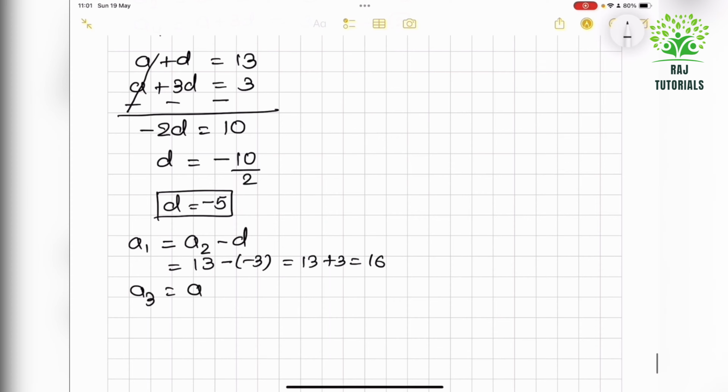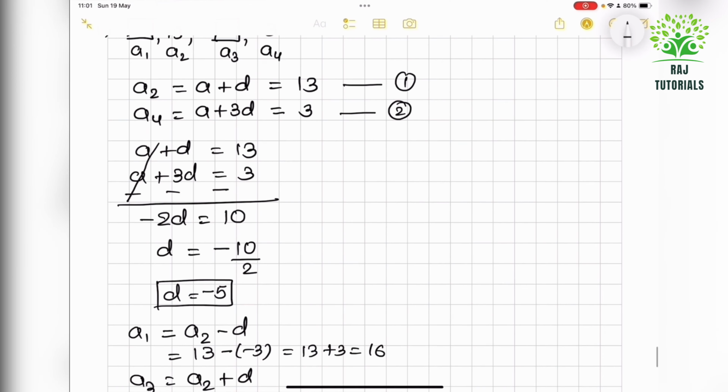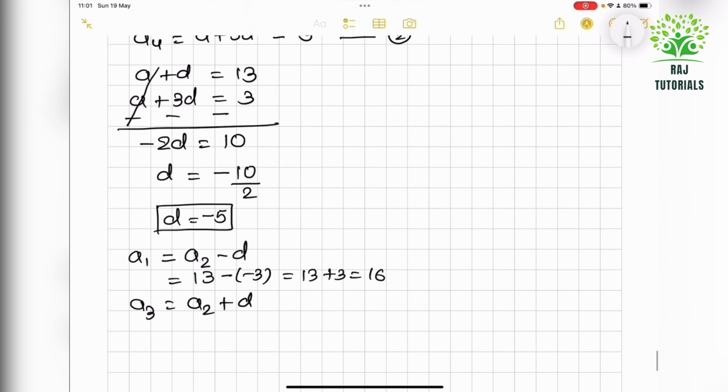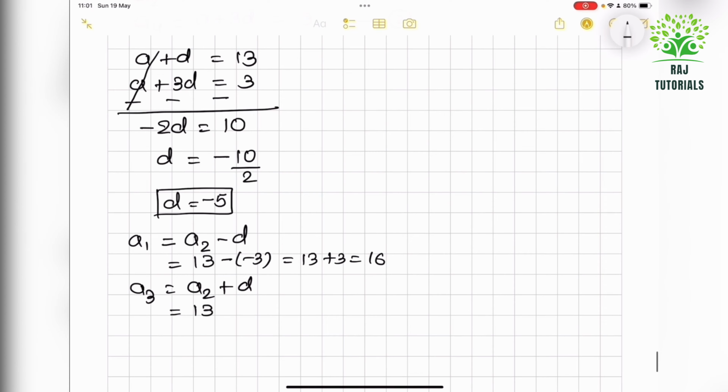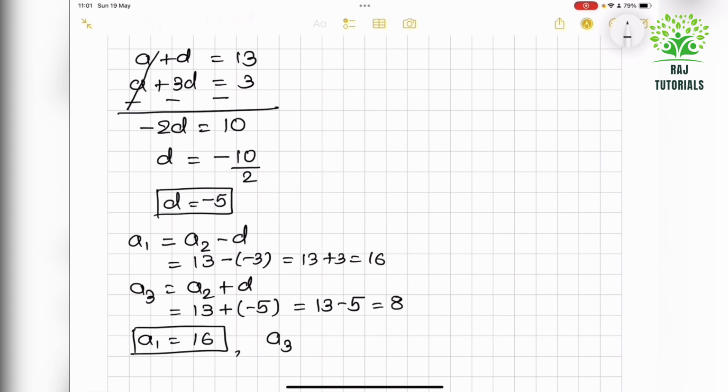So A3 will be A2 plus d. So A2 is 13 plus d minus 5. So 13 minus 5 will be 8. So A1 is 18, A3 is 8.